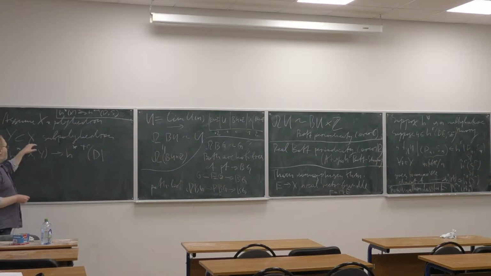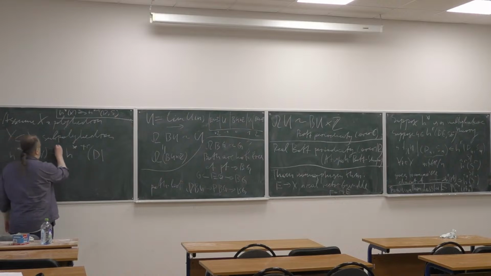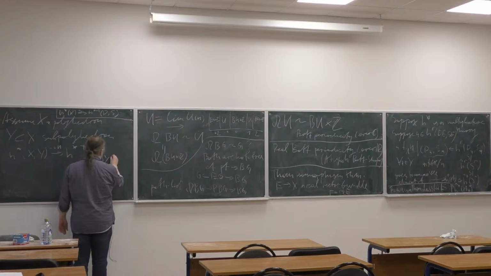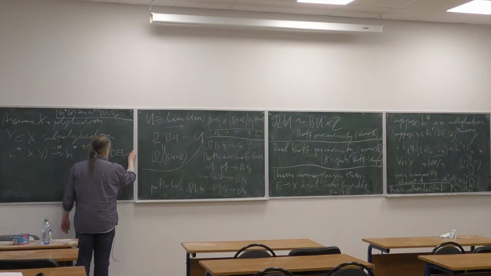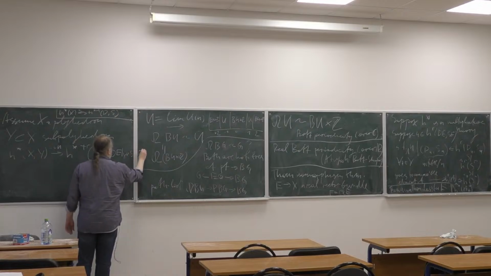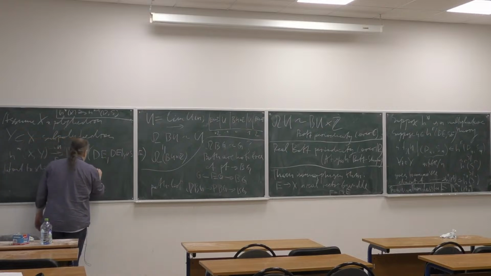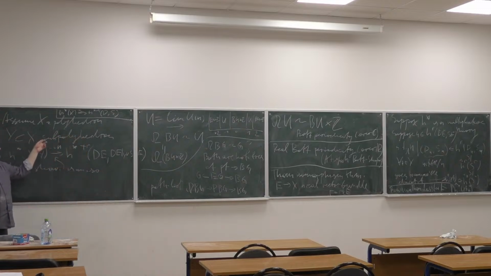Namely, we want to prove that for every subpolyhedron Y, the map (dE, dE restricted to Y) cup SE, which I'll explain in a minute, is an isomorphism.